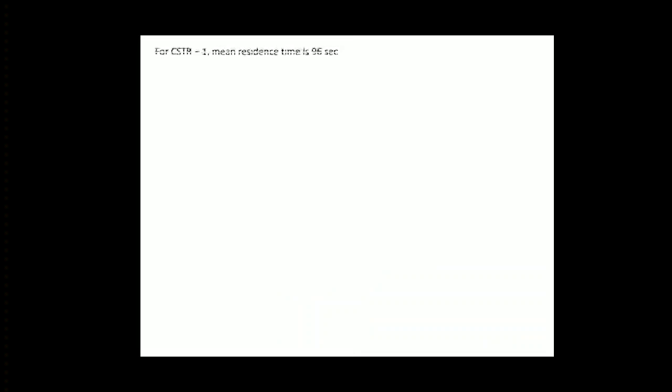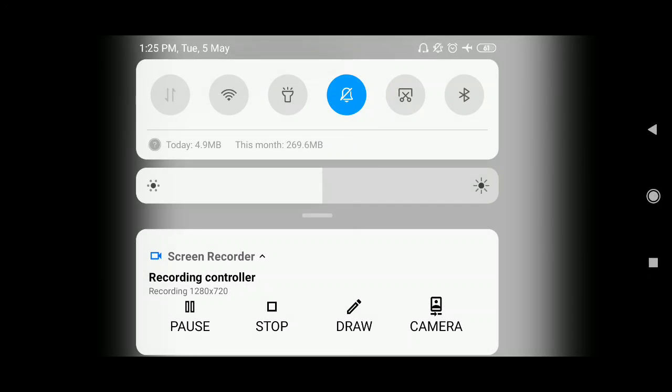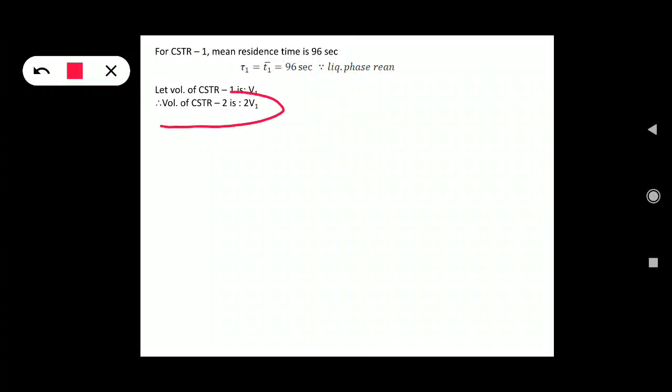Now tau for CSTR 1 is given as 96 seconds. Since this is a liquid phase system, mean residence time is the same as space time. Also, they have given the volume of CSTR 1, which I am going to assume as V1, and they have also mentioned that the second reactor is twice that of the first reactor. So I can write the volume of the second reactor as 2 V1.